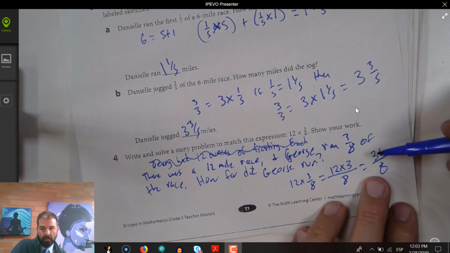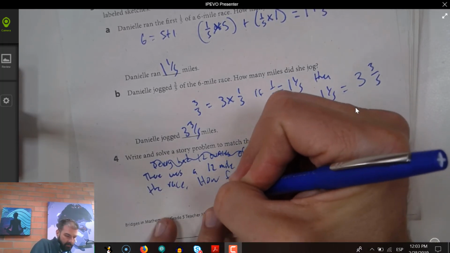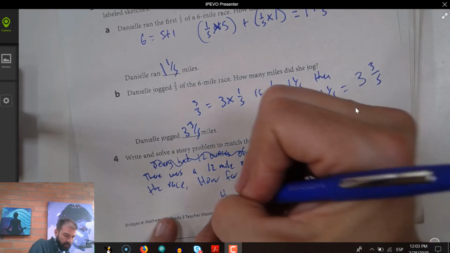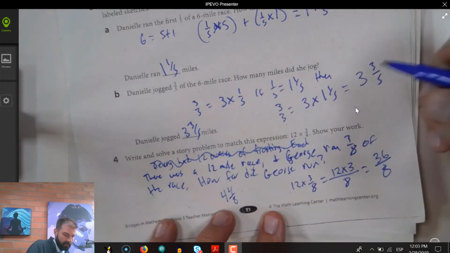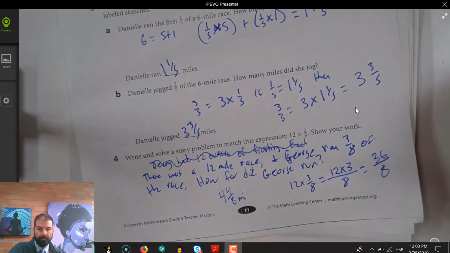So I want to take out some whole numbers. 8/8 is a whole. So how many 8/8s do I have there? I have 4, right? So I have 4 wholes, and that leaves me with another 4/8 left. So 4 and 4/8 miles, or I could say 4.5 miles. All right, so that's this one. Bye.